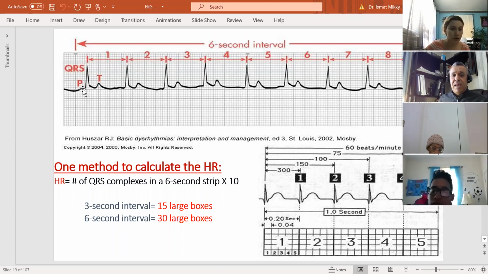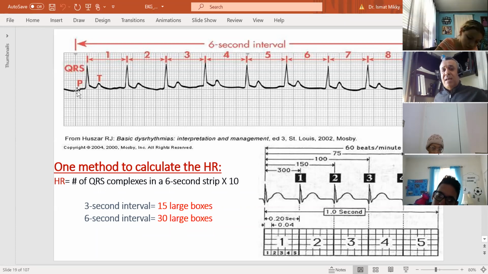Because the assumption is that if it's a regular rhythm, then the P to P should be the same distance across the board for any cycle. Same thing for T wave to T wave and R wave to R wave. But mostly we use the P wave and the R wave for these types of measurements. I would say always use the R wave if you're going to figure out whether the rhythm is regular or not.